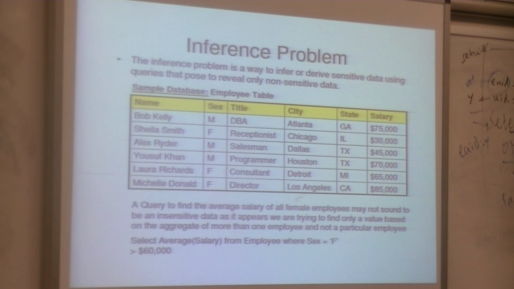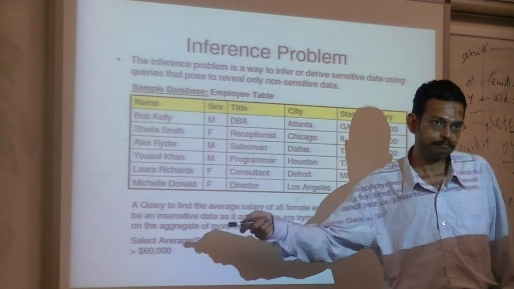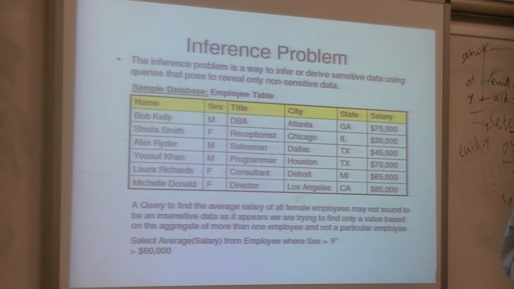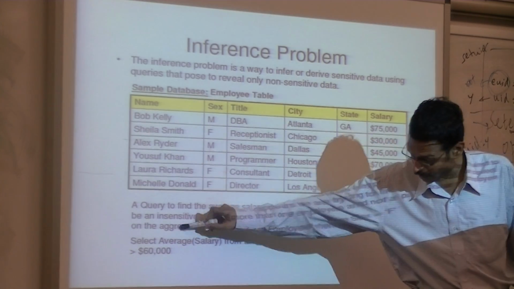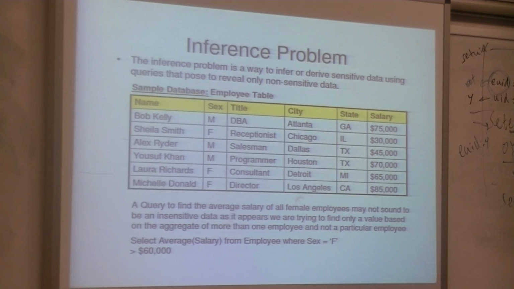It's going to return an error message because the database can be programmed not to return salaries through a SQL query, right? So typically we use statistical methods on the SQL queries to try to extract some sensitive information, right?